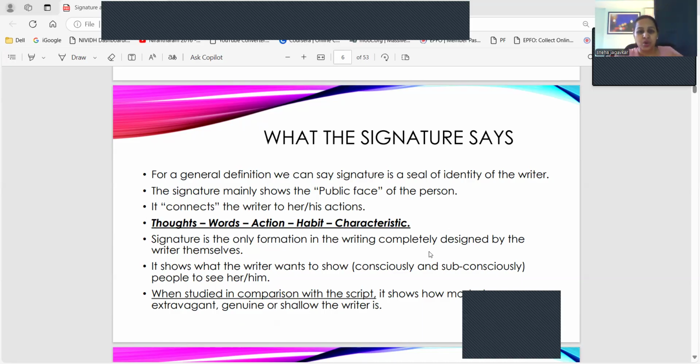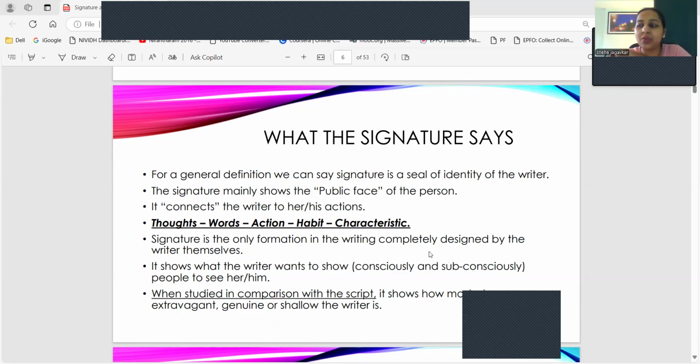Signature is the only formation in writing completely designed by the writer. This is something which we do all by ourselves. No parent or teacher or friend tells you that this is how your signature should be, or this is how you can do your signature, right?